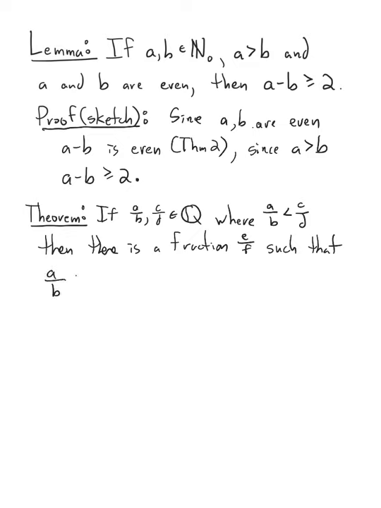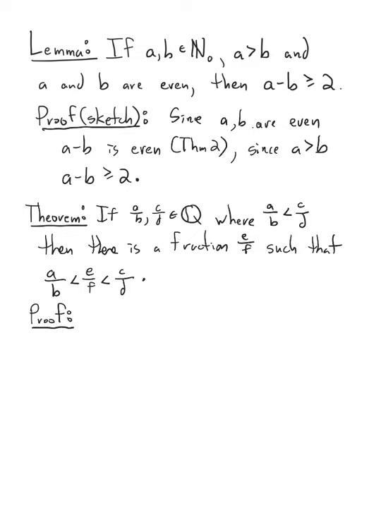A over b is less than e over f, which is less than c over d. So this fraction e over f is in between. So we're saying there is always a fraction between two fractions. And our idea is basically going to be the same as the one that we did on the previous slide. So let's go ahead and prove it.